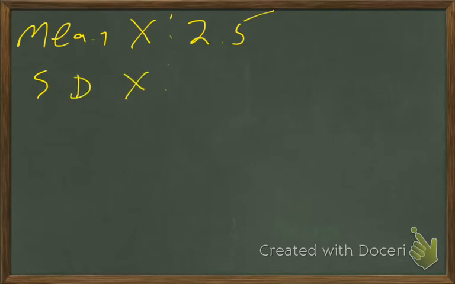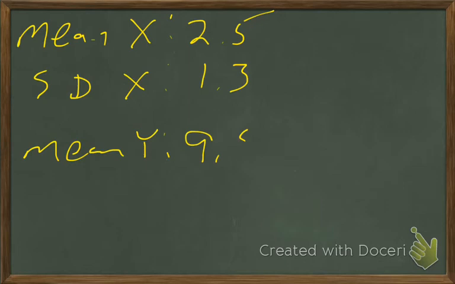So the mean for x was 2.5. The standard deviation for x is 1.3. The mean for y is 9.5. I can't remember what I said for the standard deviation, so whatever I said, ignore it. I'm going to say 3.9.